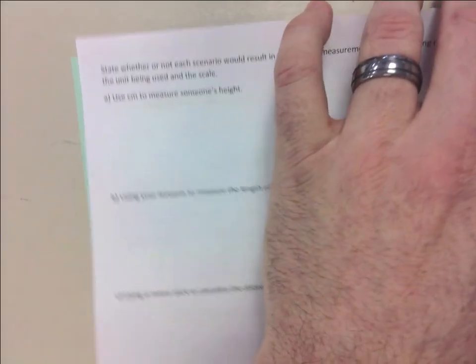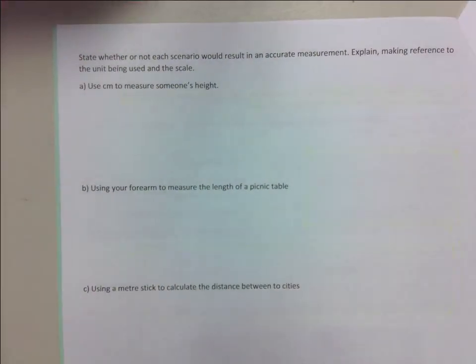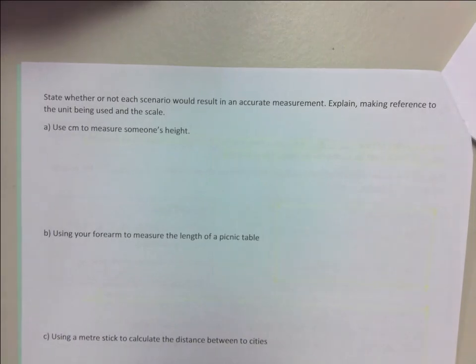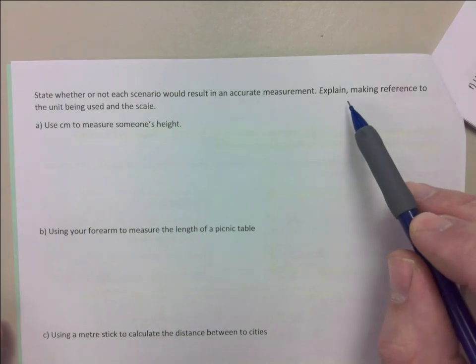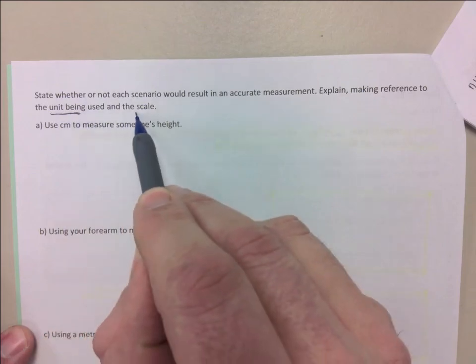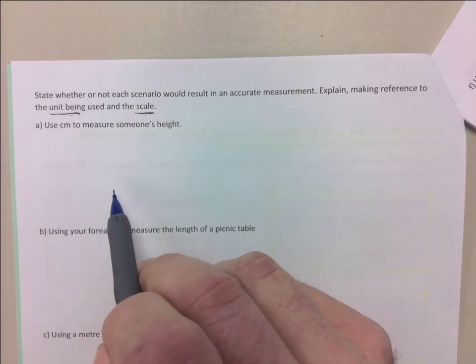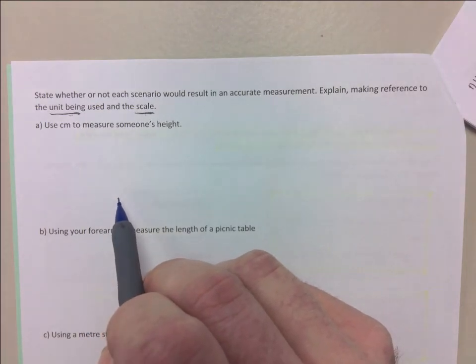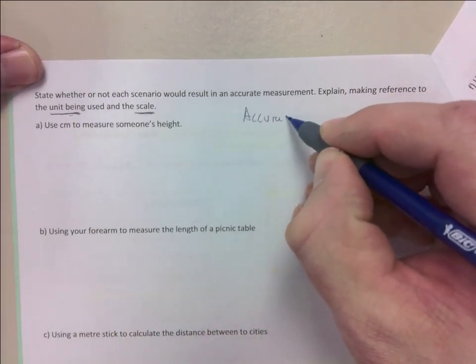I'm only going to do a couple here. I'm not going to do all of them, but I'm giving you some scenarios here. State whether or not each scenario would result in an accurate measurement. Explain by making reference to the unit and the scale. Unit and scale, okay? So inappropriate usage or faulty equipment is not one of them, okay? So remember, accuracy, maybe write this down.